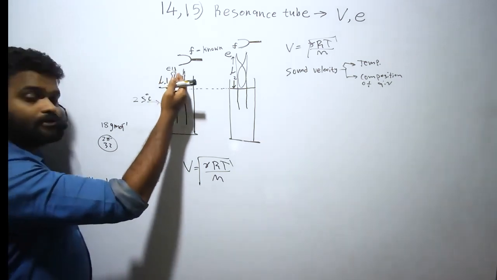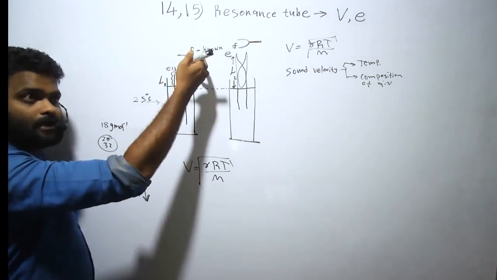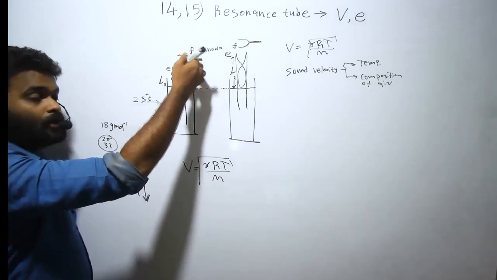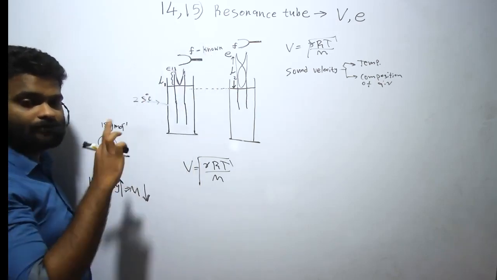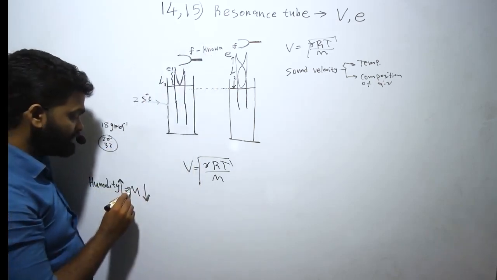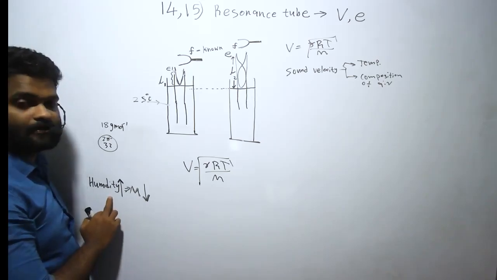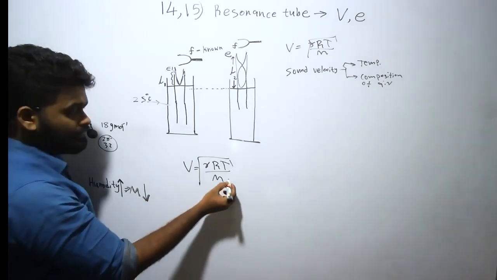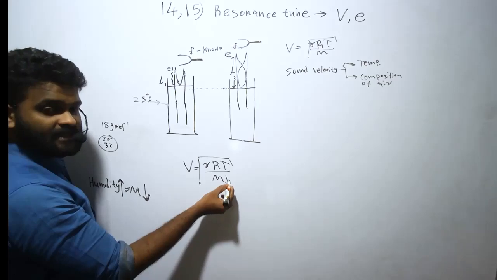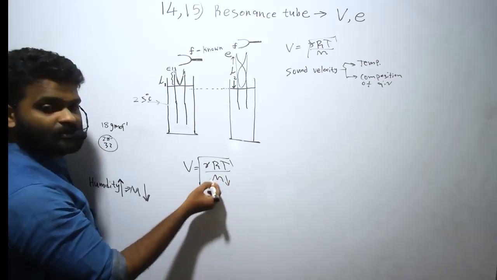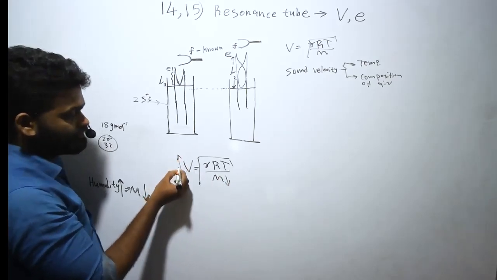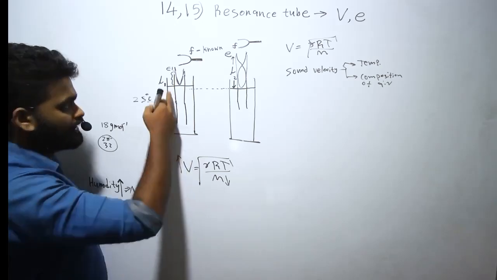The nitrogen and oxygen is replaced by water molecules, some of it, right? So the average molecular mass decreases when the humidity is higher. So now this decreases. If this decreases, what happens? This is in the denominator, so the velocity of sound is slightly higher inside this.